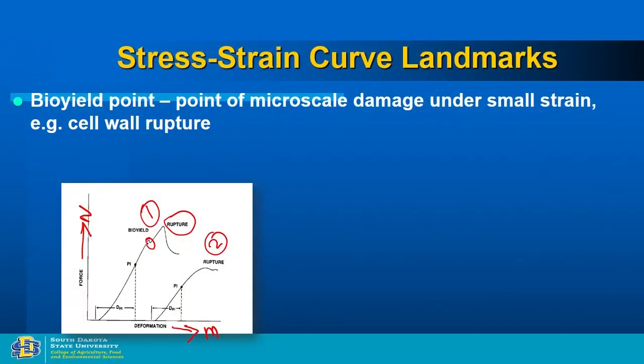So from this analysis, you can really tell that there is microscale damage under small strain. So basically it's cell wall rupture. It all depends upon how they are formed microscopically inside your material.